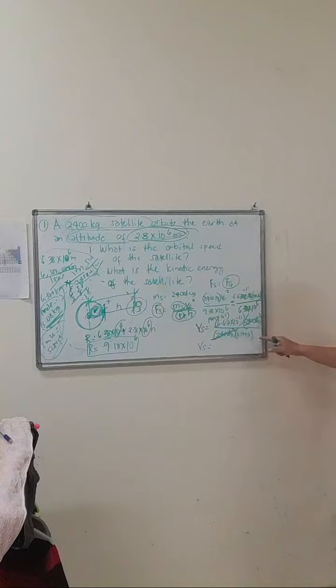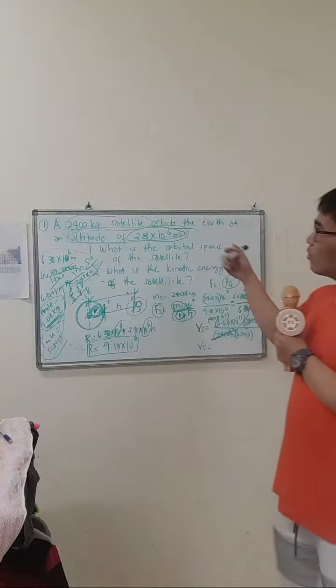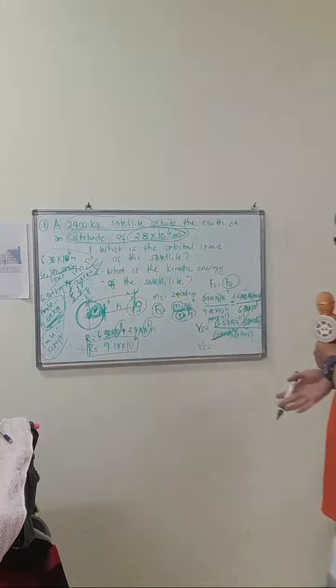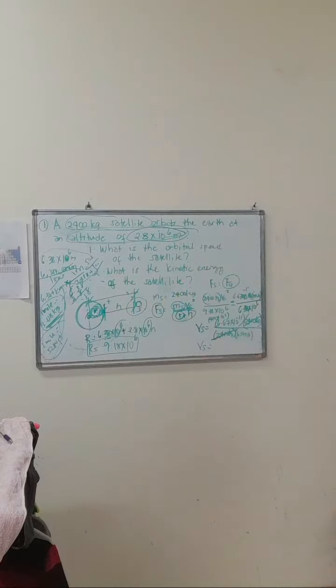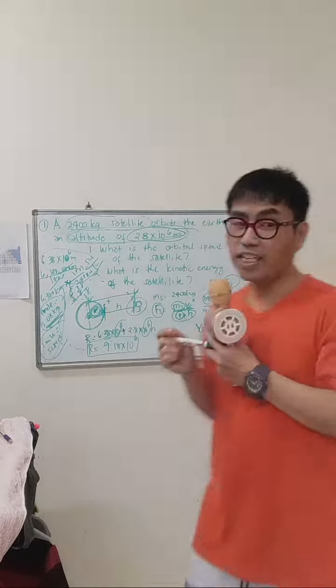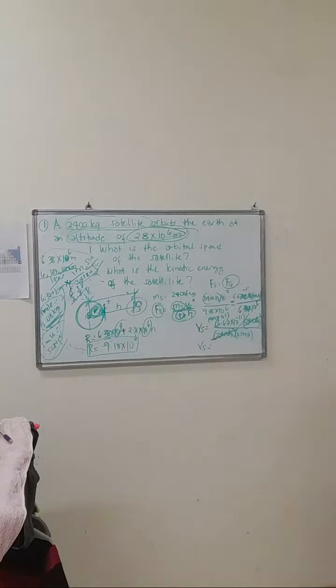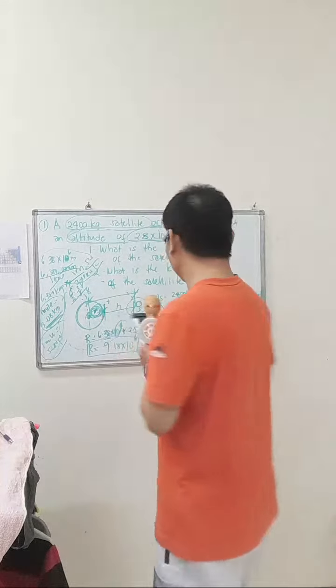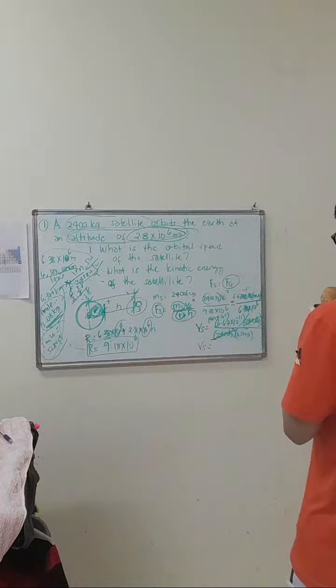Even though the satellite mass is unknown, you can still compute for the radius of the Earth and the total distance of the satellite to the Earth. Get the point? So it's tricky, right? Because sometimes you think you need to wait for the mass in order to compute. But actually, it's not.